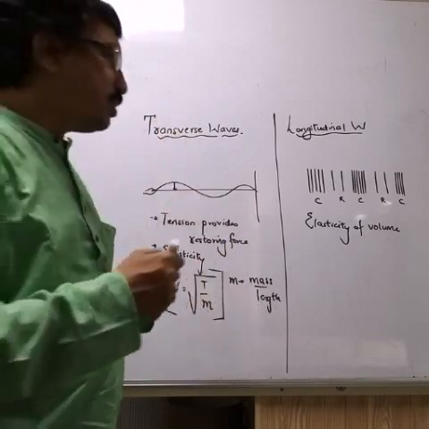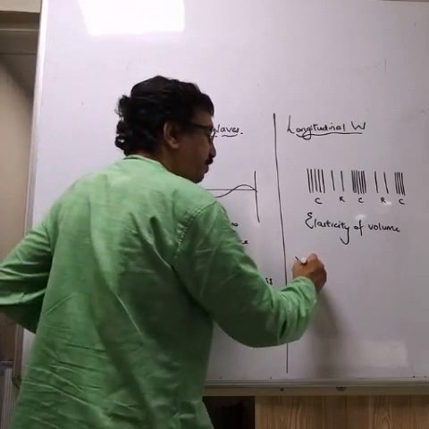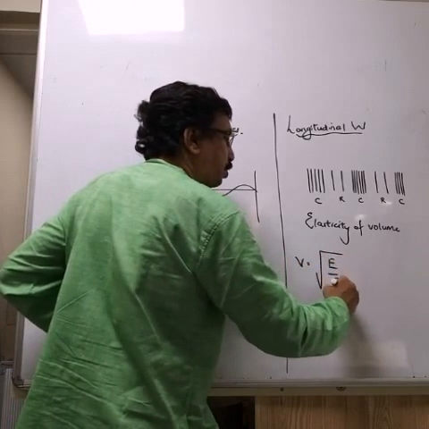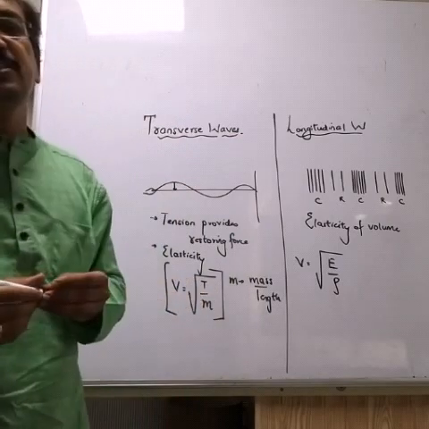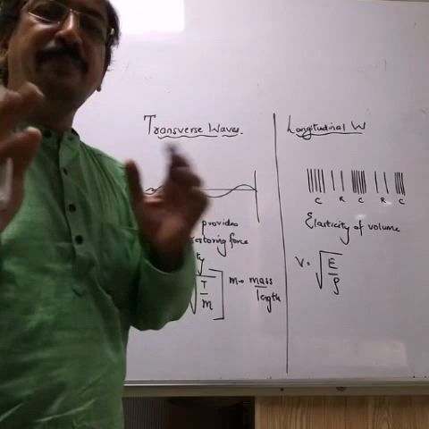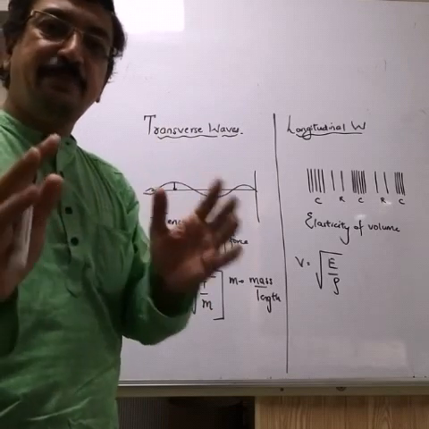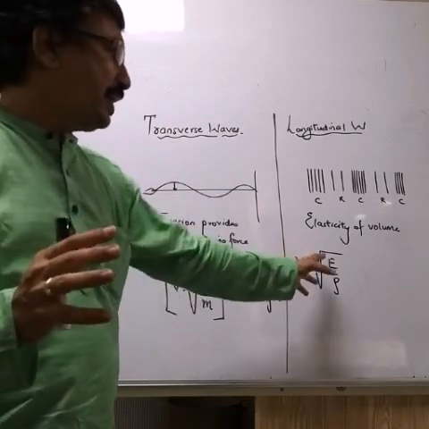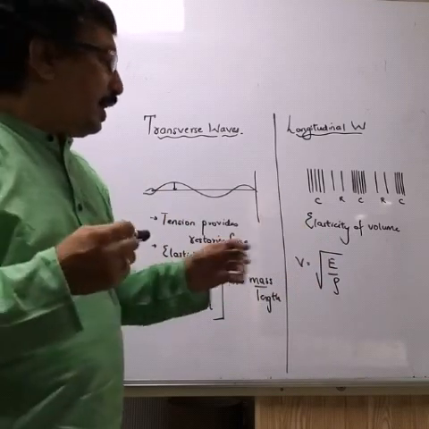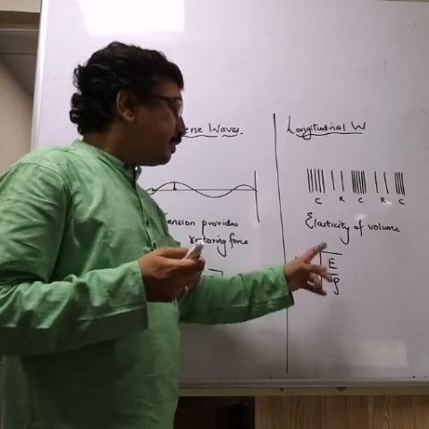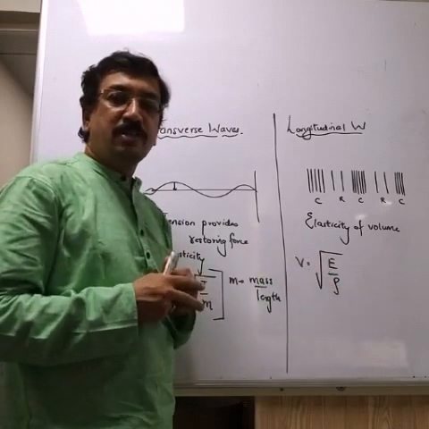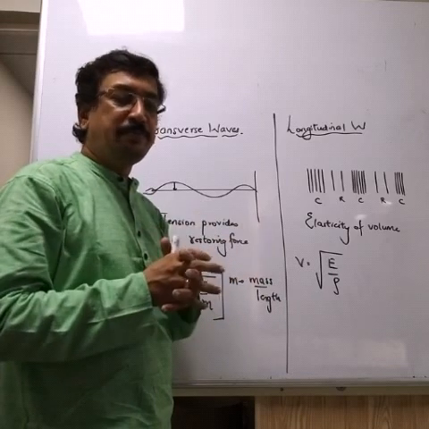The velocity of longitudinal waves is given by V equal to square root of E upon rho. E stands for the elasticity of the given medium. Which type of elasticity? Elasticity of volume, which is also called the bulk modulus of the medium.